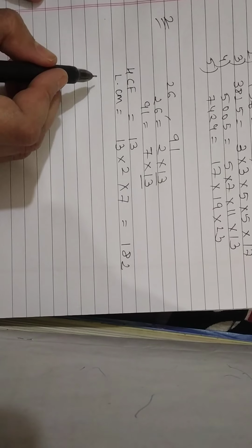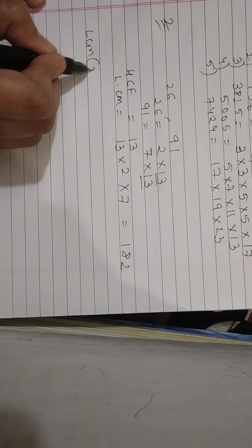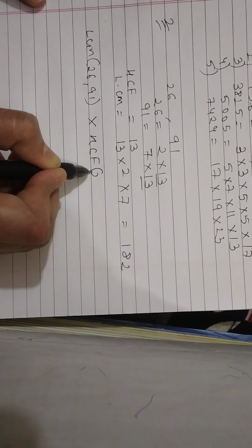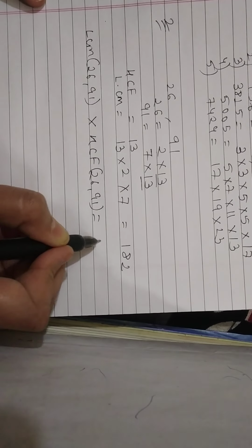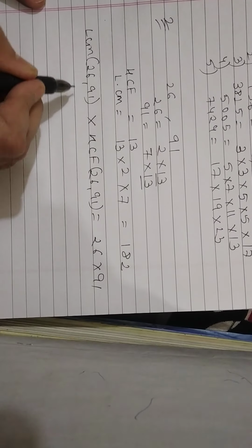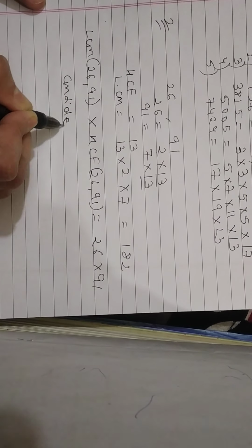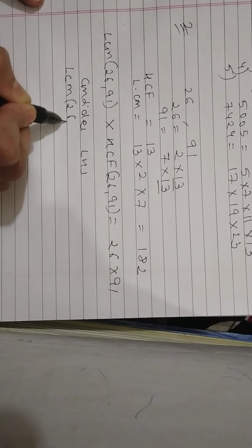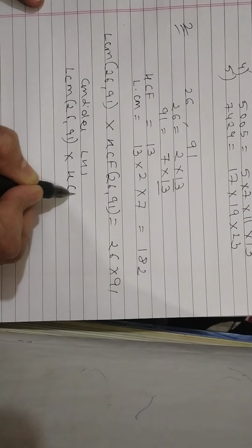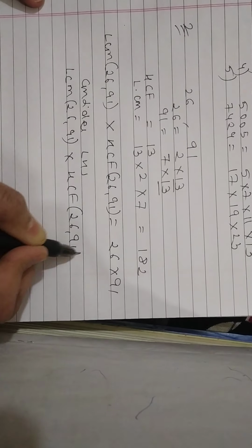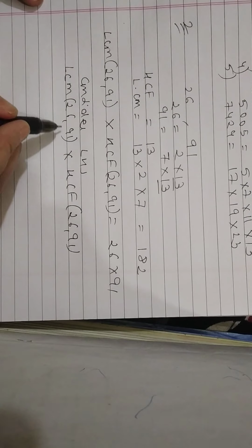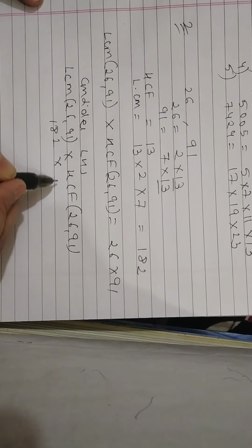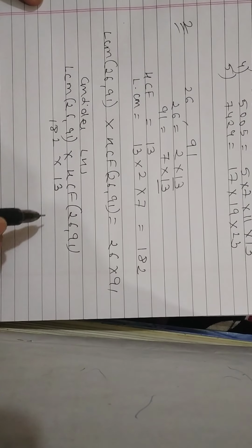Now, we'll apply that formula. LCM of 26, 91 into HCF of 26, 91 is equal to the product of 2 numbers. So, consider LHS: LCM of 26, 91 into HCF of 26, 91. What is the LCM of 26, 91? 182. And the HCF is 13.